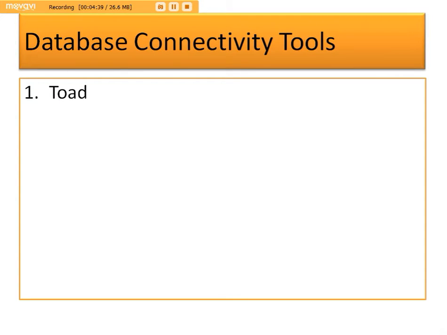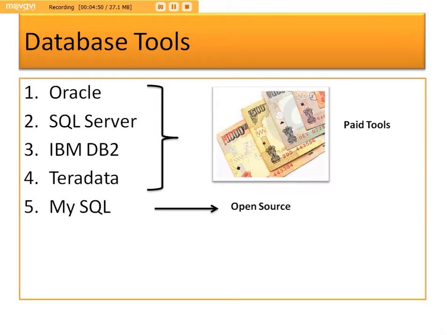And what is database connectivity? Connectivity basically means a UI tool that allows you to connect to the server. For example, an Oracle database server is running in some place and I want to connect from my machine. I need not install the Oracle server on my machine.